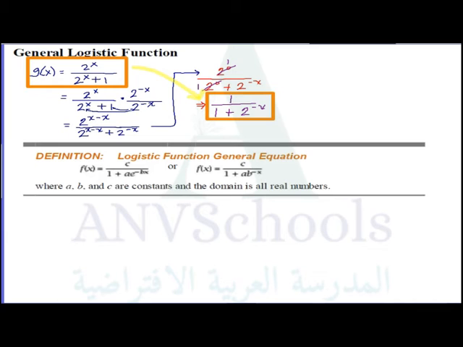The definition states that f of x is equal to a certain constant, c, over 1 plus a e to the negative bx, or f of x is equal to c over 1 plus a b to the negative x.